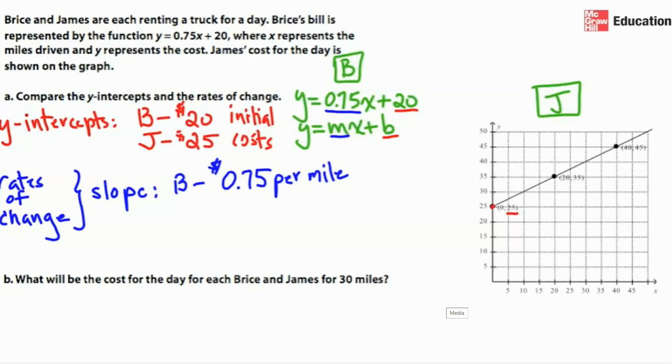Rates of change for James. Well, we're talking about slope. Slope is equal to the change in y values, y2 minus y1, over the change in x values, x2 minus x1. So if we pick 2 points, let's pick this point and this point.